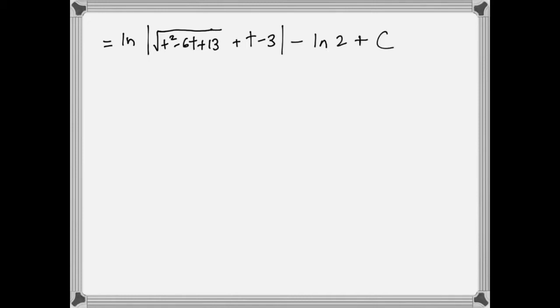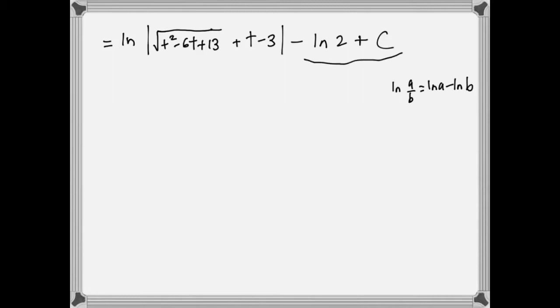What I did is I split up the ln. Isn't it true that the ln of a over b is equal to the ln of a minus the ln of b? That's just a property of natural log, or any logs, really. But this can combine.